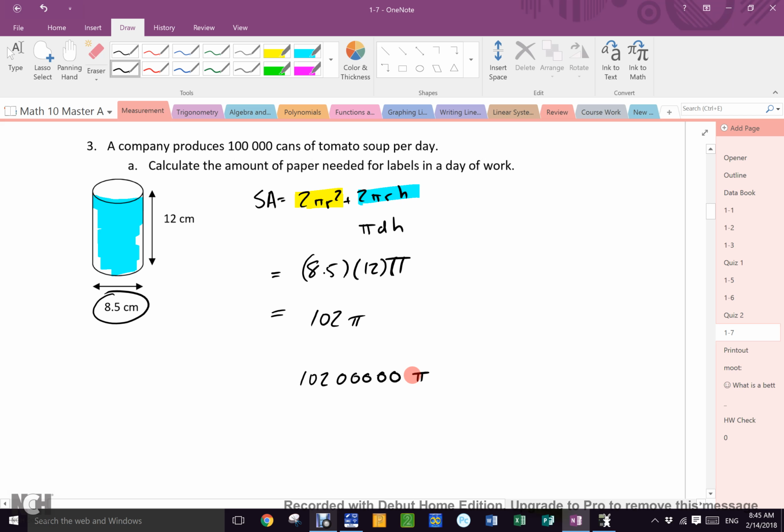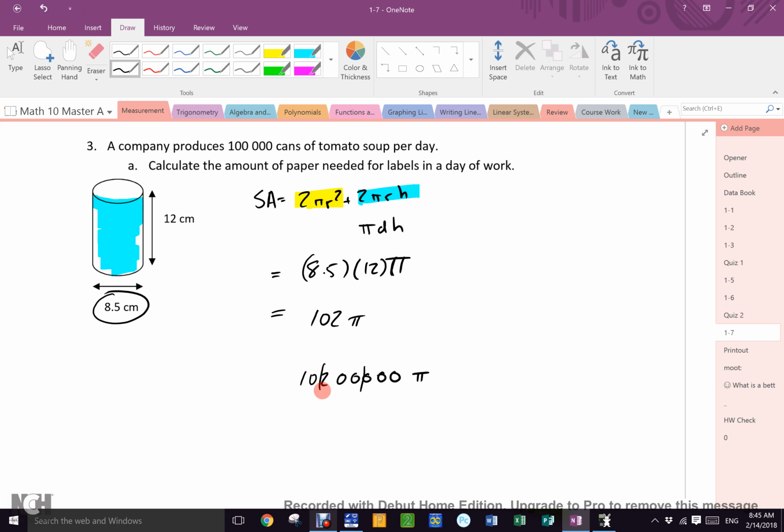Can I call my print paper supplier and say, dude, I need 110,200,000 pi centimeters of paper, man, so I can paper the soup cans today? Can I do that? No. So in this question, in math class, is that the answer? In the real world, is that the answer?